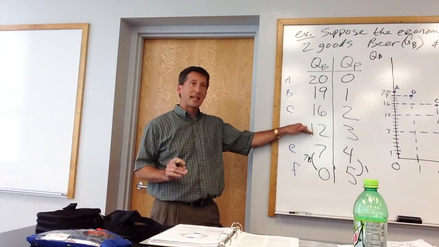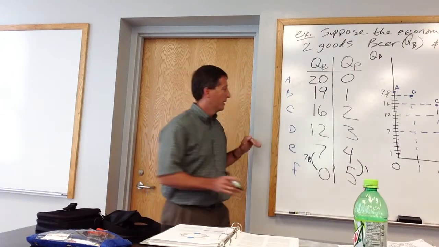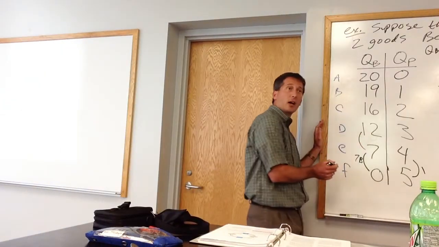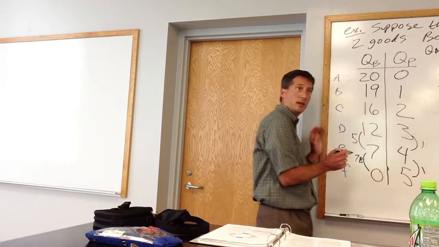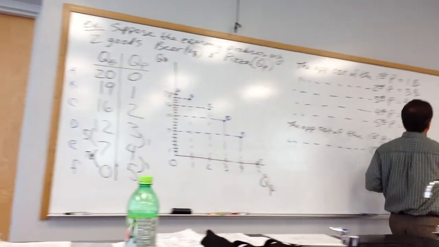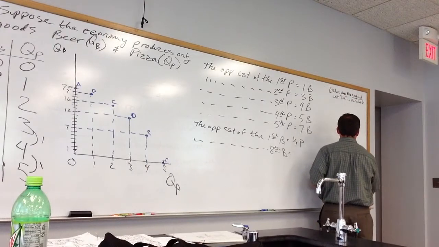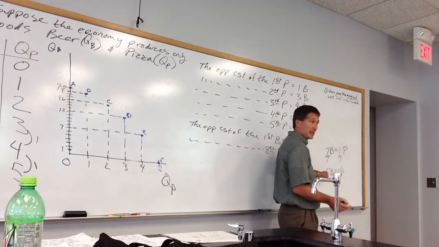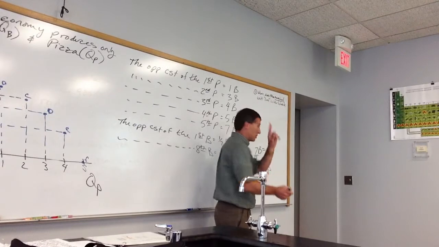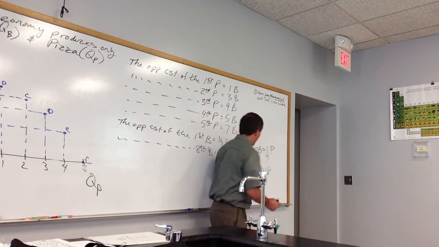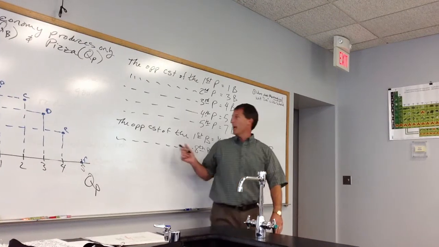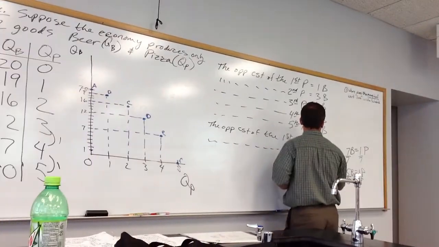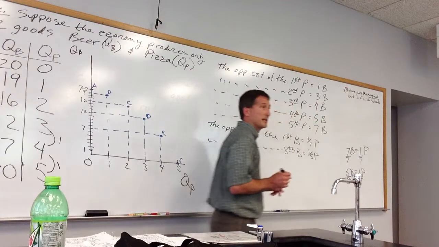We have 7. The 8th unit is after the 7th. And so over this interval, we know that 5 beers can be traded for 1 pizza. I'm not interested in 5 beers. I want the 8th, which is just 1 unit. I do my little trick here, divide by 5, divide by 5. And the 8th beer is equal to 1/5 of a pizza.